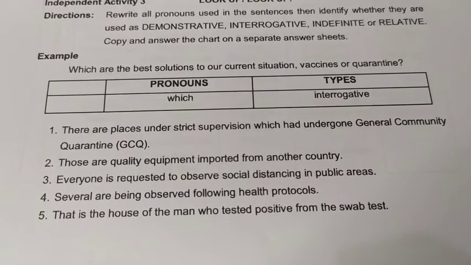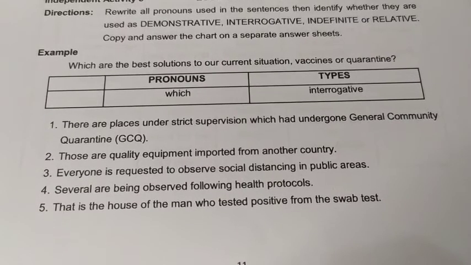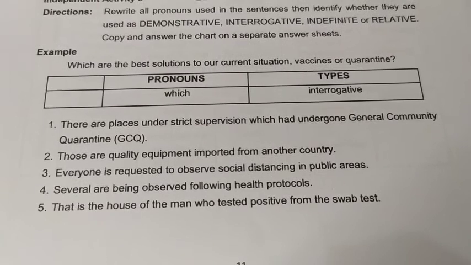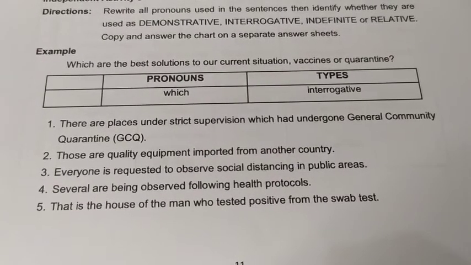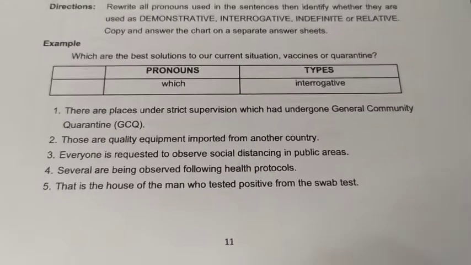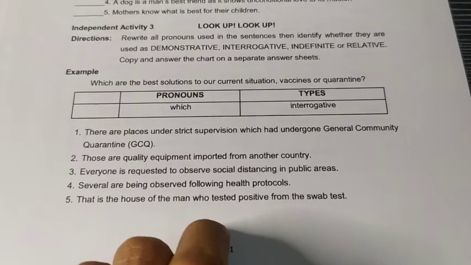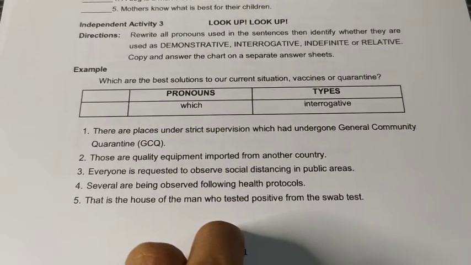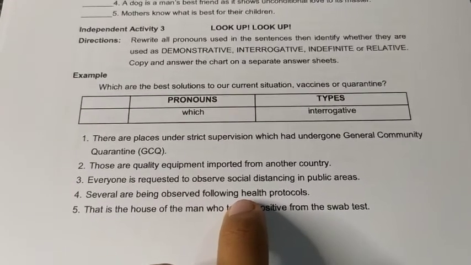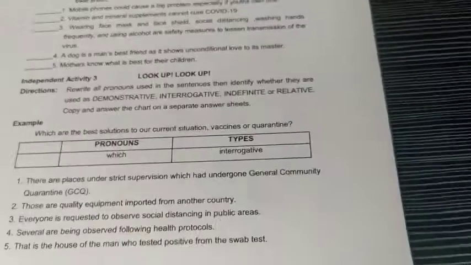So the first step, in each item, you will identify the pronoun being used and identify each pronoun if it is demonstrative, interrogative, indefinite, or relative. So in number 1, what is the pronoun here? Number 2, number 3, number 4, number 5. Then after identifying the pronoun in each sentence, you will identify if it's demonstrative, interrogative, indefinite, or relative.